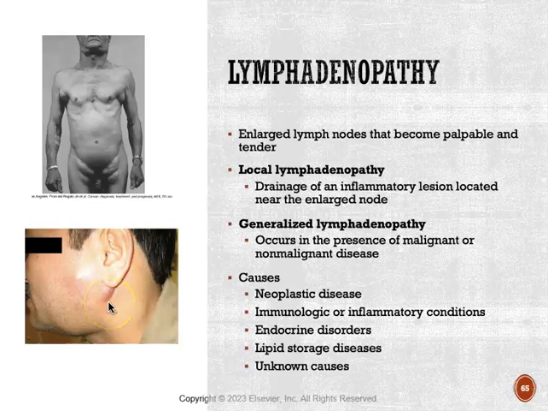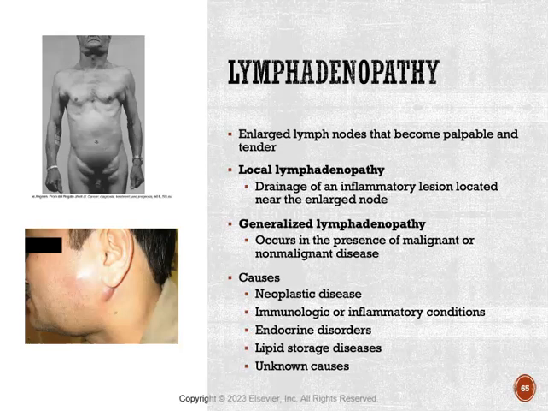So local lymphadenopathy usually occurs due to an inflammatory lesion near the affected node, such as some type of infection or surgery. And in contrast, generalized lymphadenopathy is going to suggest a systemic type of condition, whether it is malignant or non-malignant.